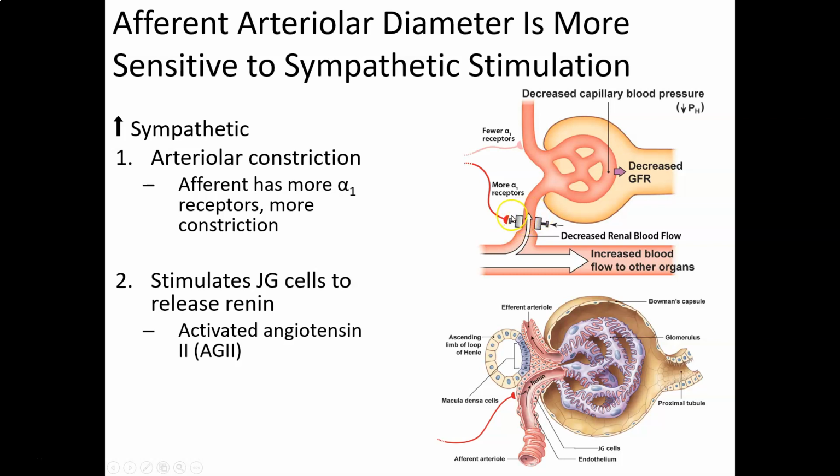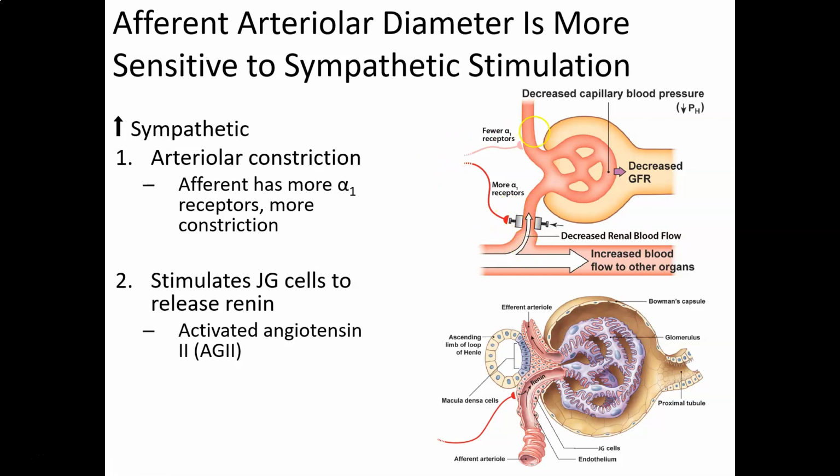Okay? So we mentioned this earlier too. Even though both the efferent and afferent both have sympathetic fibers that go there, the stimulation affects the afferent more. The reason is the afferent has more what we call alpha-1 receptors.